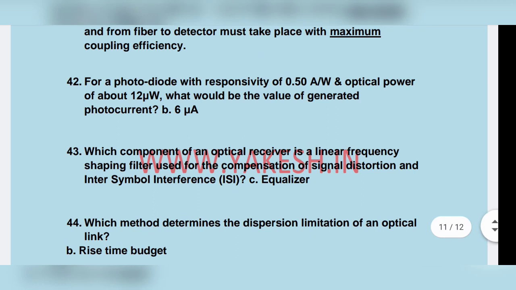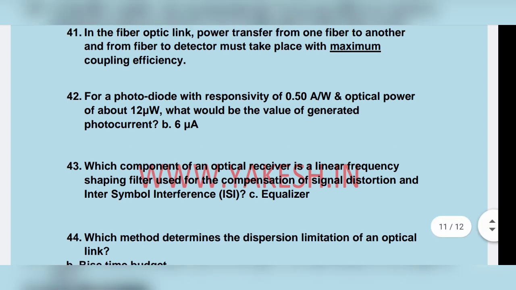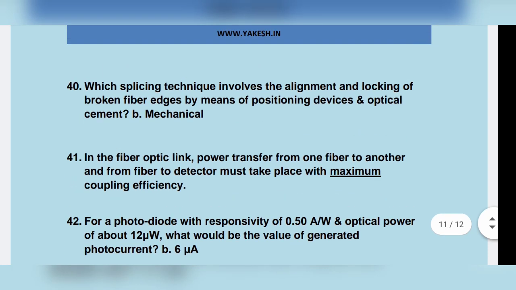Which component of an optical receiver is the linear frequency shaping filter used for the compensation of signal distortion, the ISI equalizer? In the optical link, a photodiode with responsivity of 0.50 and optical power of about 12 nW. What could be the value of the generated photocurrent?